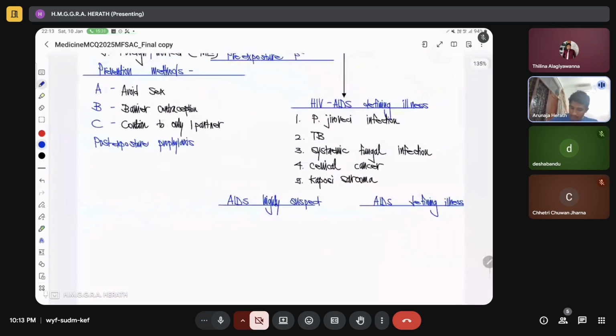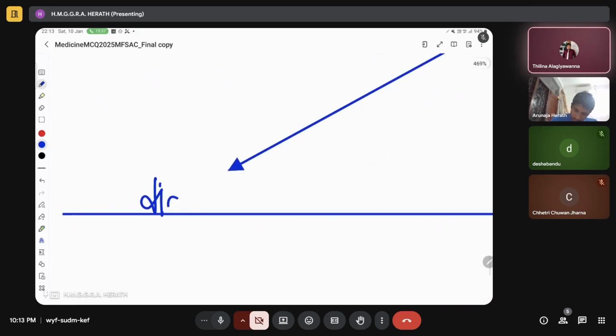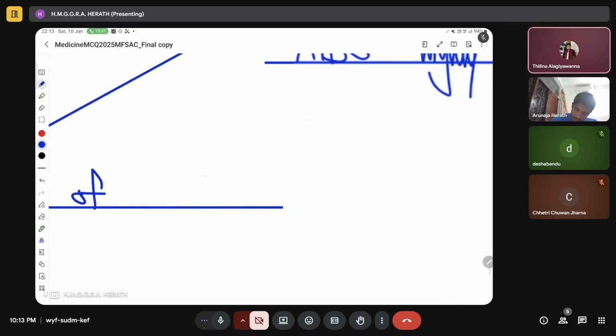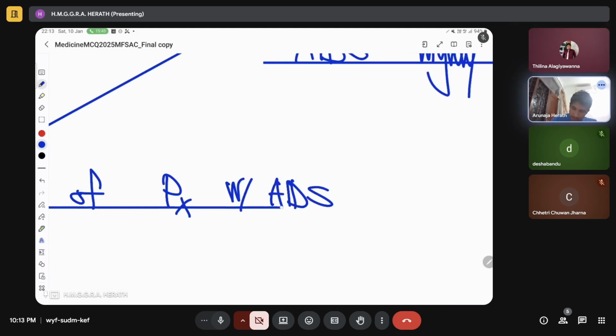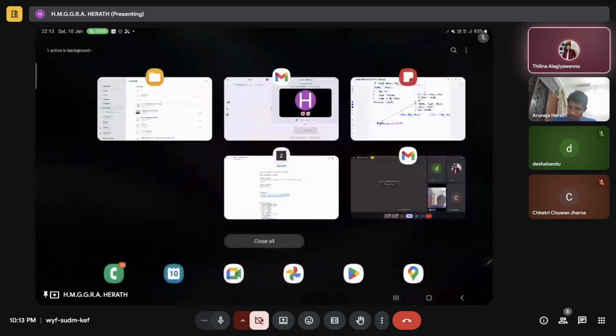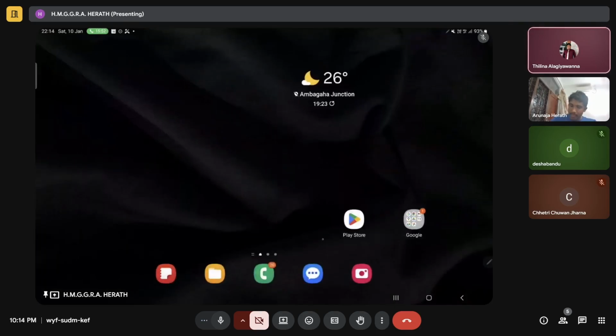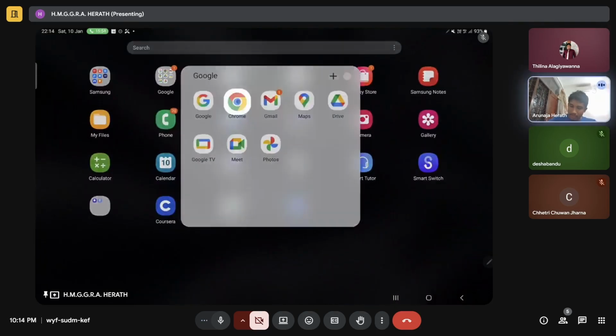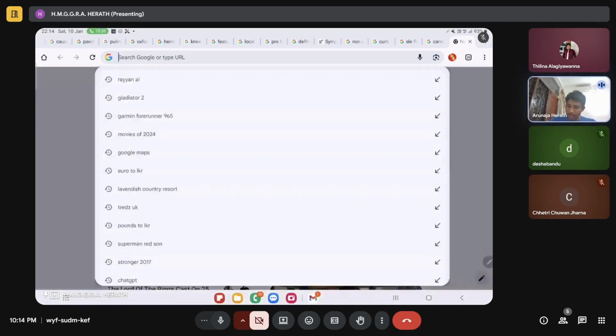And then how do you diagnose a patient with AIDS? How do you diagnose a patient with AIDS? At which stage is it useful? In the acute seroconversion stage or?